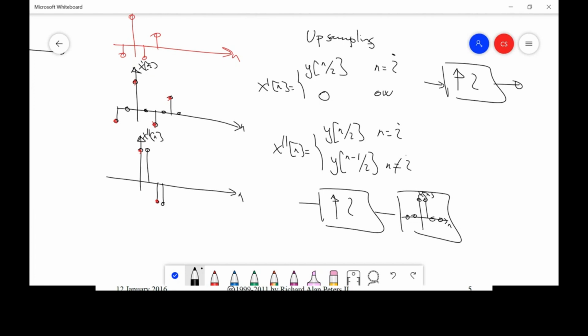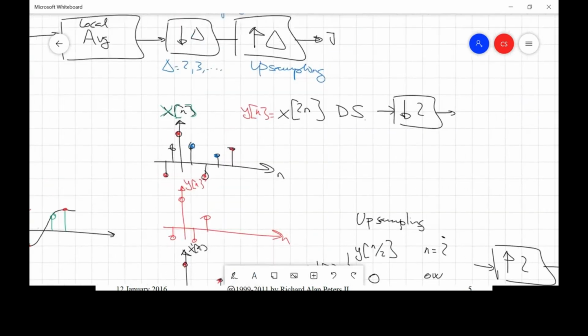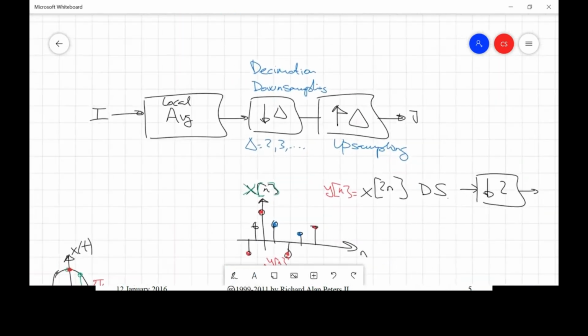If you compose with that, this is exactly what happens. Okay, so we will use this kind of upsample, the one that we will use up there.